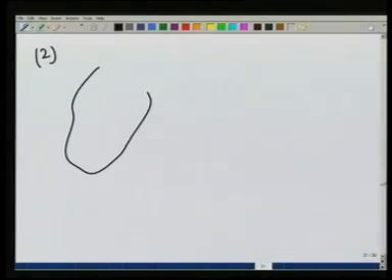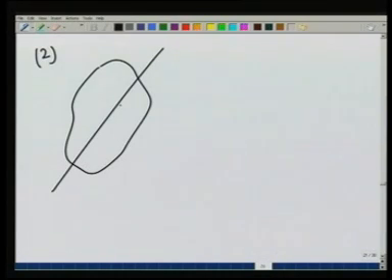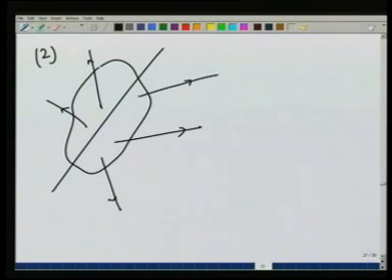Let us take a look at another situation in which suppose the forces all intersect a particular line, no matter where they are applied, and let us call that line the z axis for convenience. That line can be arbitrarily chosen to be the z axis.